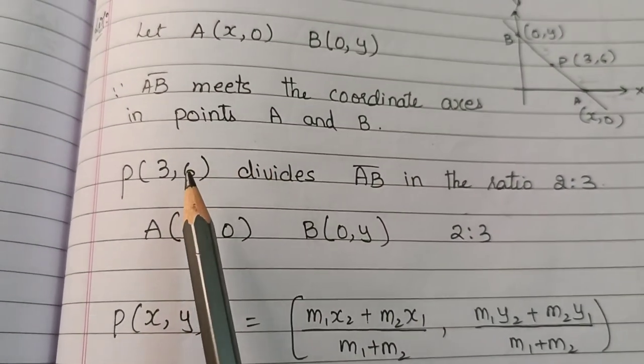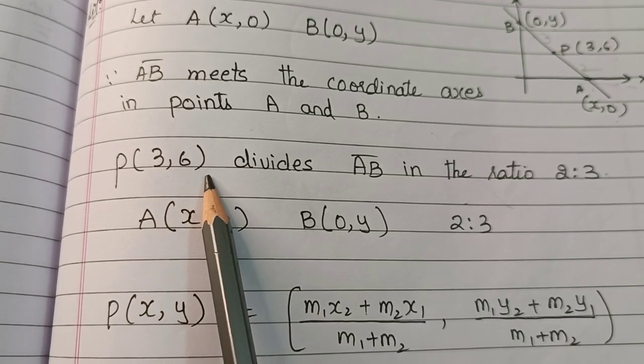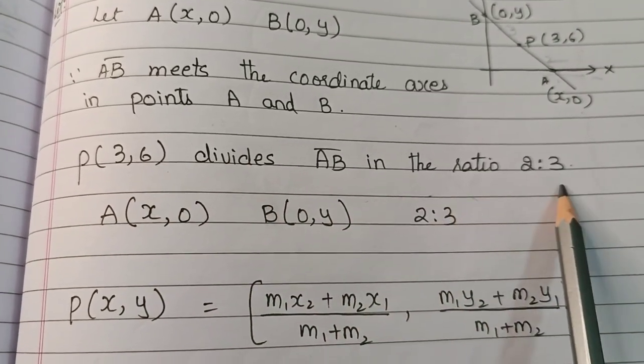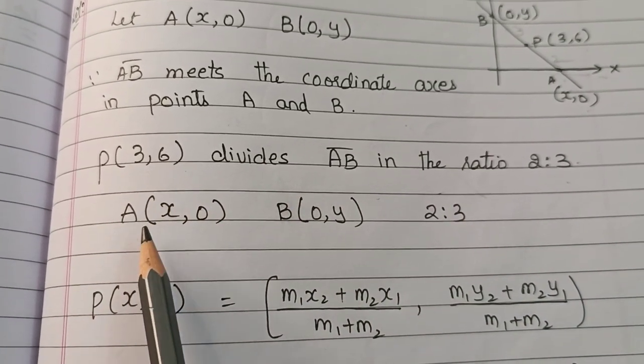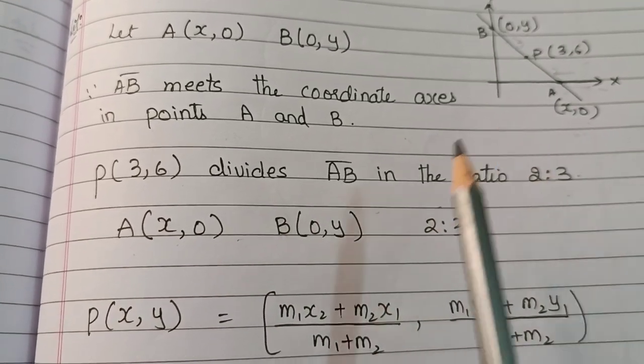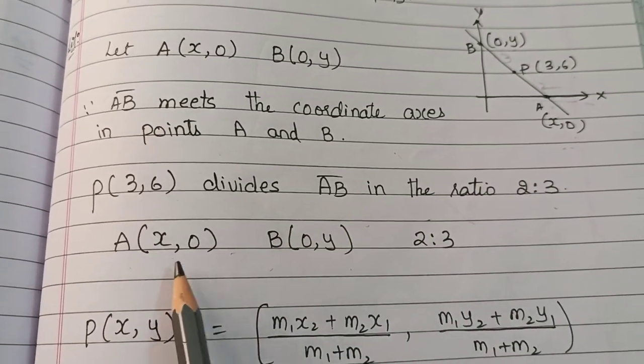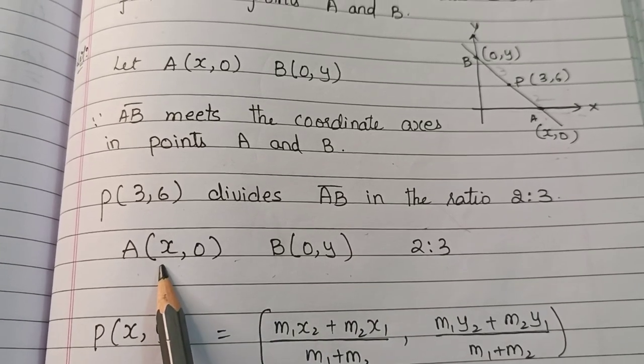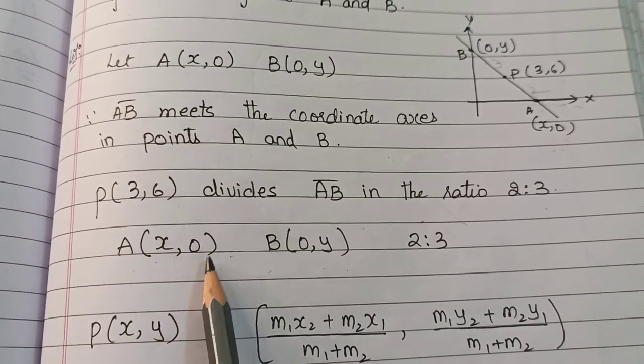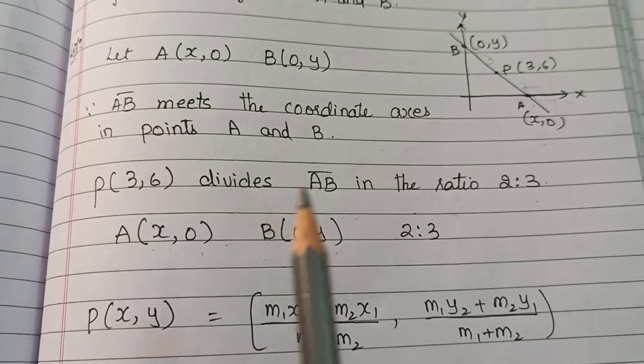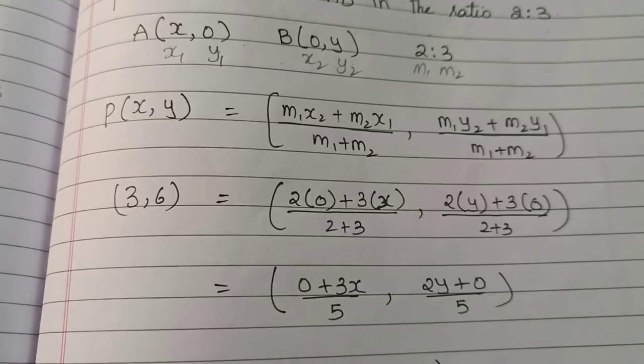So the point P(3, 6) divides AB in the ratio 2:3. So A is nothing but (x, 0) and B is (0, y). For the x-axis y will be 0, for the y-axis x will be 0, and the ratio is 2:3.